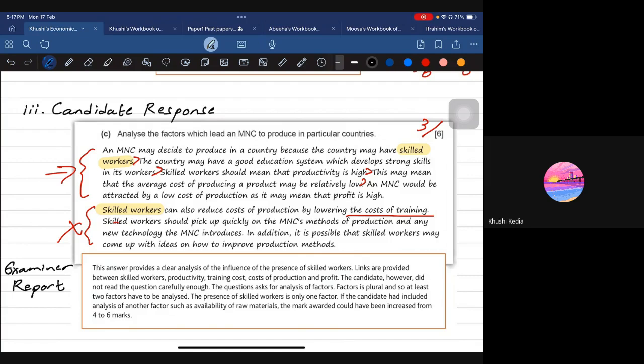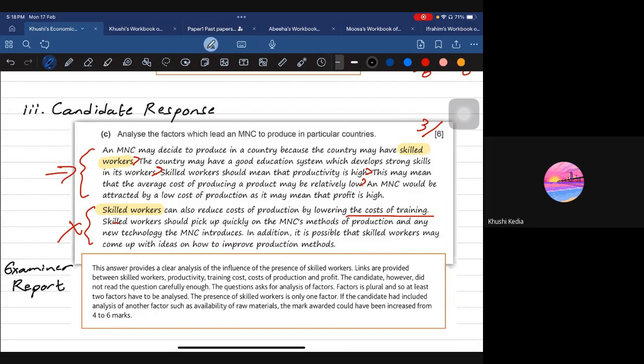So what he said is that the chain of analysis is very good for the skilled workers point, but then only one factor is being discussed, so the person could have discussed another factor in order to gain more marks. Very good, excellent.